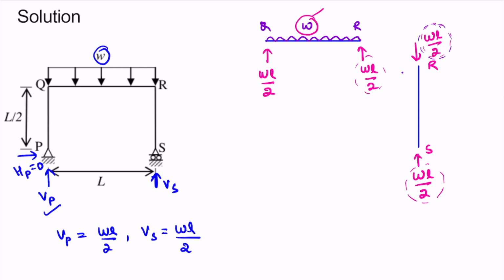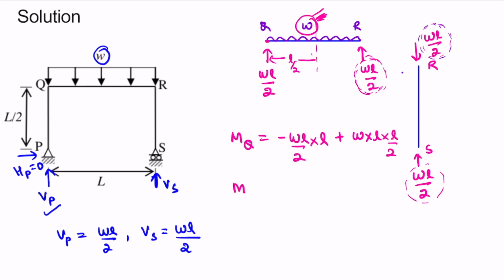Now let us find the moment at this joint Q. The moment at Q will be equal to the moment due to this vertical force WL by 2. Let us consider clockwise as positive. This will produce anti-clockwise moment, so minus WL by 2 multiplied by L. And this UDL will produce clockwise moment, so plus W multiplied by the length over which it is acting, that is L, multiplied by the distance between this joint and the CG of this load, L by 2.